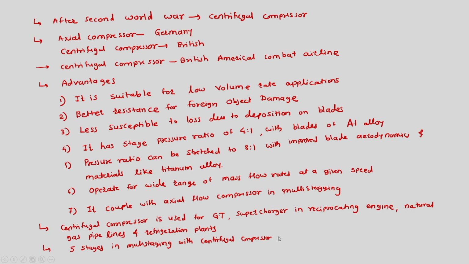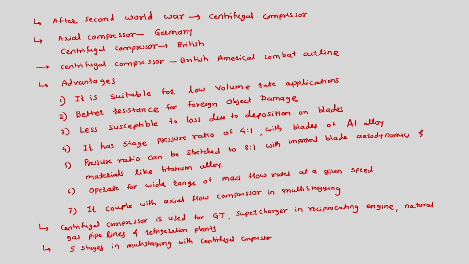So this is a rough idea about a centrifugal compressor. It was developed in parallel with the axial flow compressor, and the axial flow compressor was found more suitable for higher mass flow rate applications.